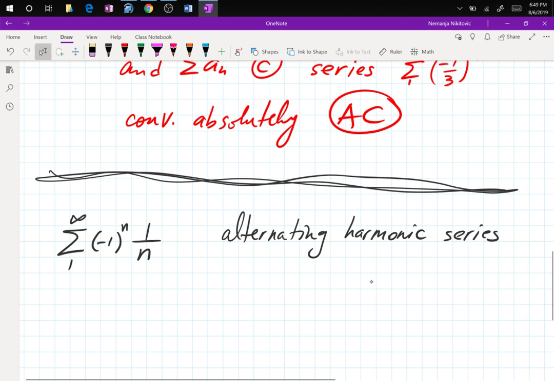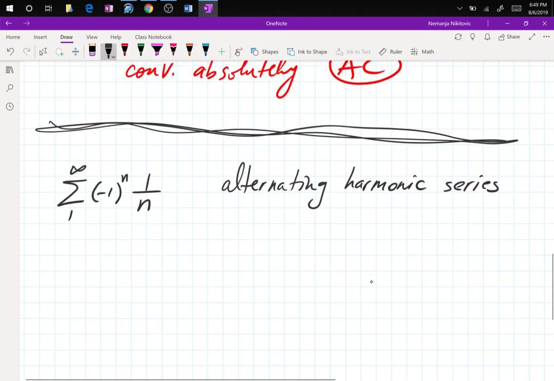Nice, huh? What do we know about the harmonic series? Diverges by either the p-series or integral test. How about alternating? Well, let's check.